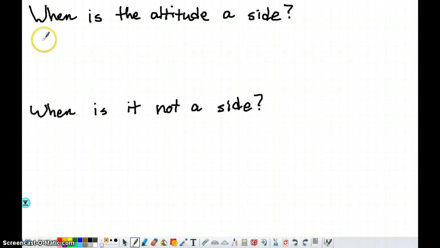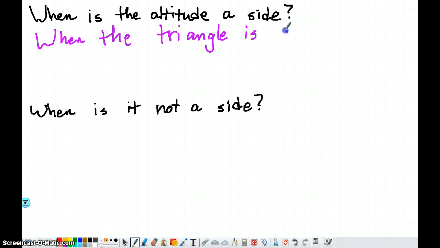Yes, the altitude is a side when the triangle is a right triangle. So the altitude is a side when the triangle is a right triangle.